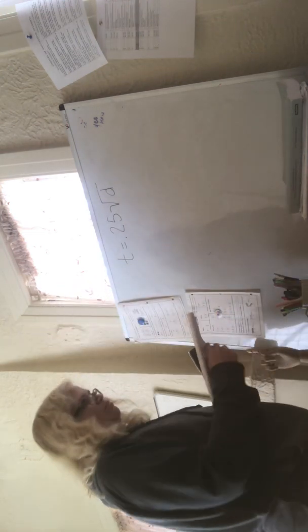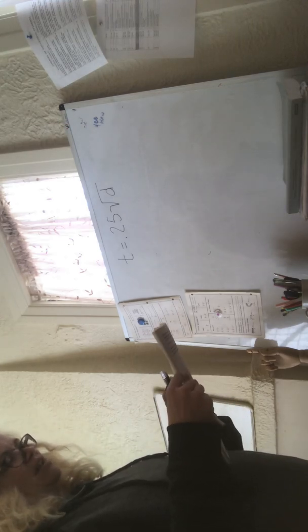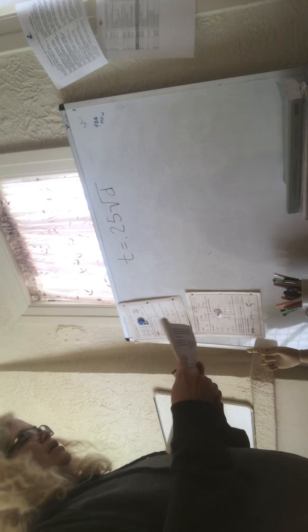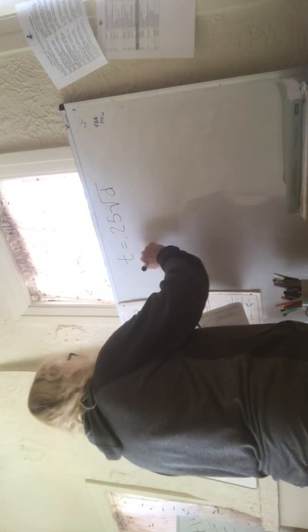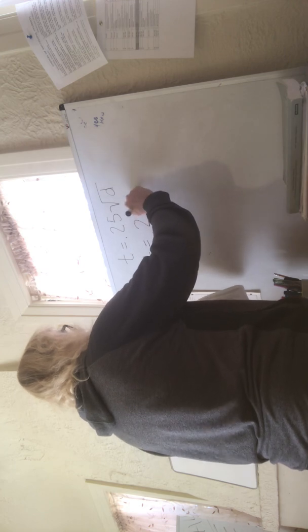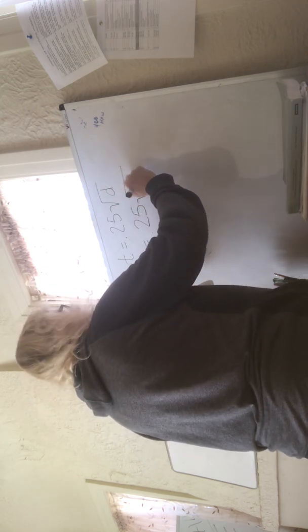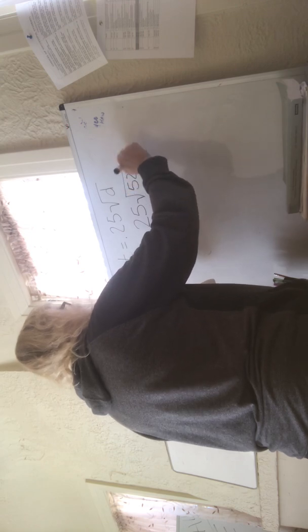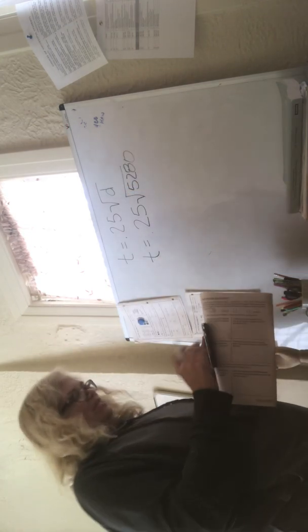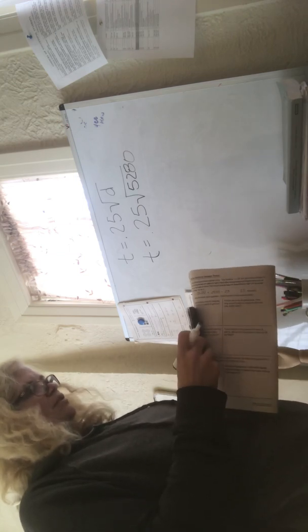Okay, let me give you one more. I'm going to keep the same formula up there. The next problem in the book says, if there was no air resistance, how long would it take an object to fall 1 mile? So again, they're asking us how long, that's the time that we don't know. And the distance is 1 mile, which is 5,280 feet. So I'm going to put that in my calculator. 5280 square root.